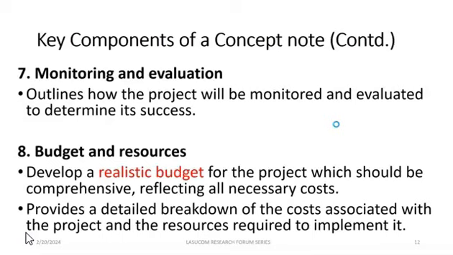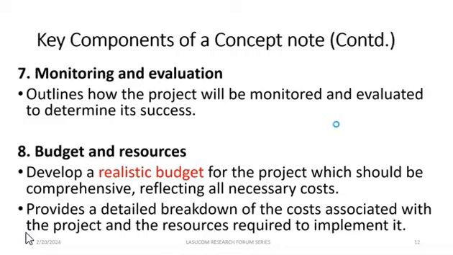And then the budget, very important: budget and resources. You develop a realistic budget. Don't shortchange yourself. Don't overbloat the budget. Just develop a realistic budget that will cover all your step-by-step methods.